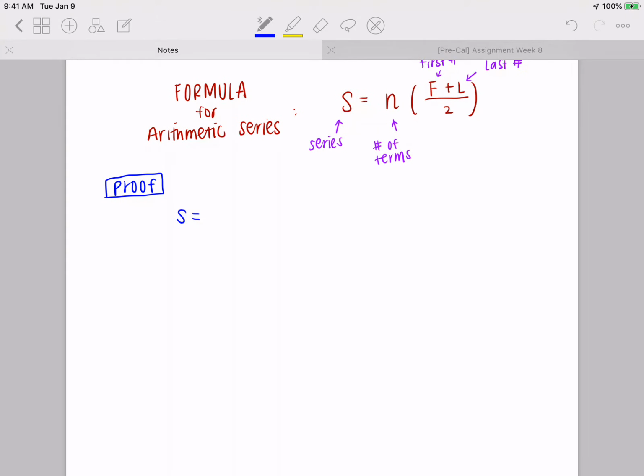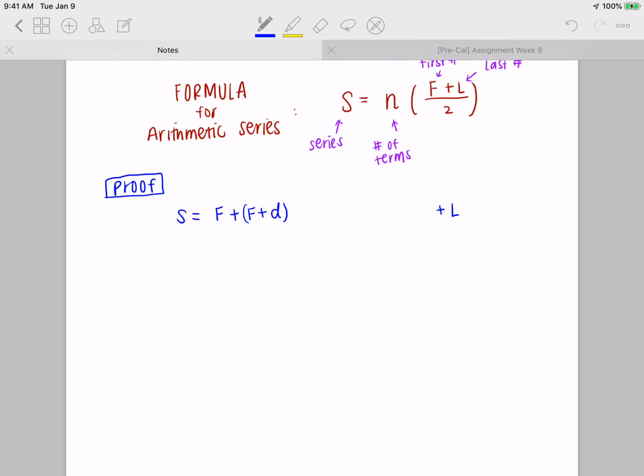I'm only going to be using the F and the L and the N to show you how this formula is created. So I'm going to use the first number and the last number, right? And the next number, F, we have to be adding D.